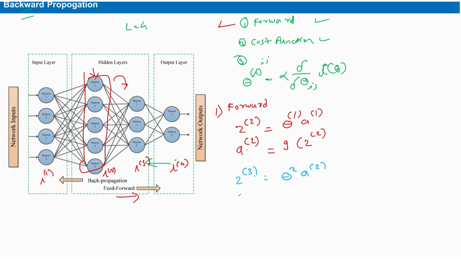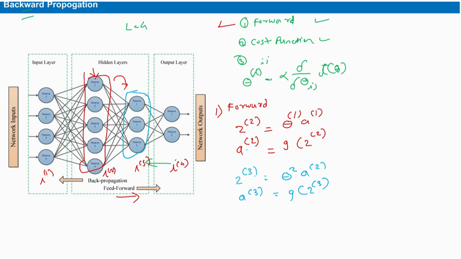Once we find that, we compute the activation for layer 3 by applying the activation function on this linear computation. Then we will get this.